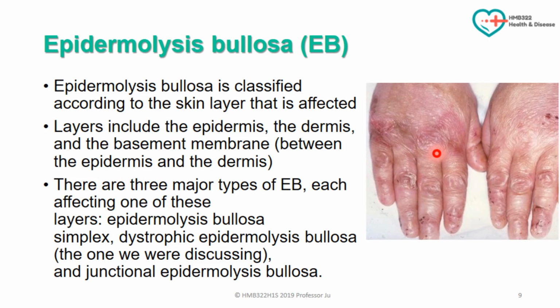It's probably easier to see on your own lecture notes. If you look at the individual's knuckles or the backs of their hands, they never really completely heal. So they always have this redness, this inflammation, this lack of healing that you see here. And this can lead to squamous cell carcinoma in individuals that have RDEB.